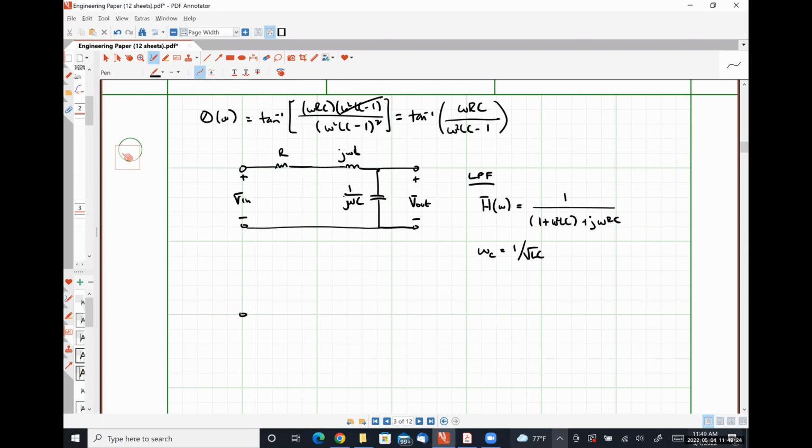And if instead we take the voltage drop over the inductor as opposed to the capacitor, sorry, that should be Vin on the left-hand side. Getting ahead of myself.